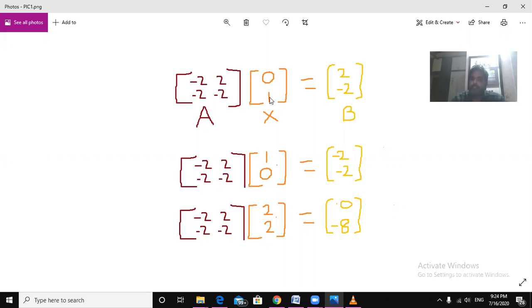It is transforming this orange vector to this yellow vector, 2, minus 2. So A is the operator transforming this vector to a new vector. So what is this new vector? It is a new position. That means this vector is rotated through some angle and the vector is also stretched to some extent.